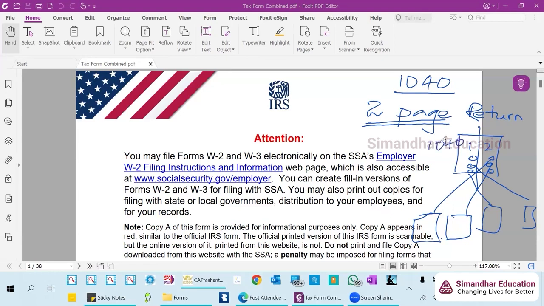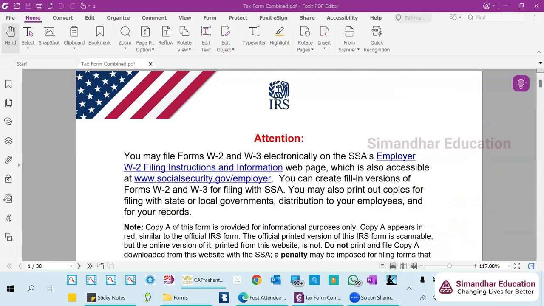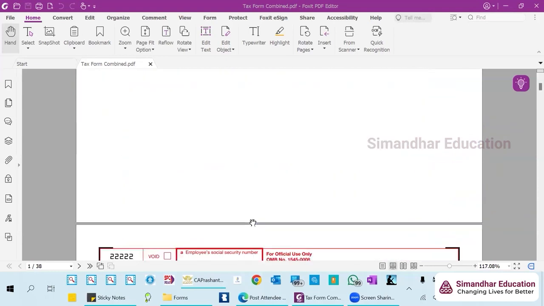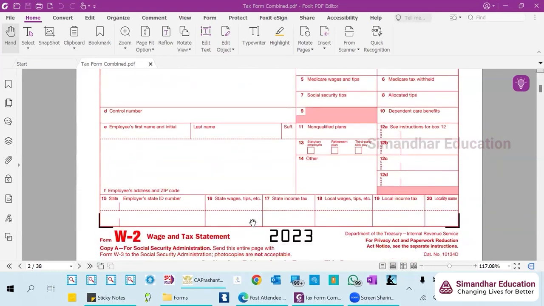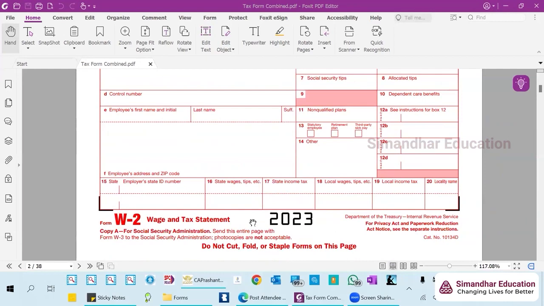Now let's deep dive into each of these. The very first thing I want to look at is the W2. What is this? If anyone has worked in India, we have something called Form 16.